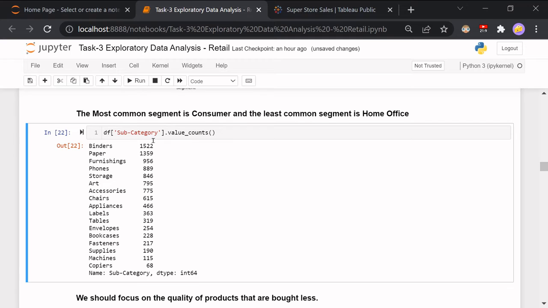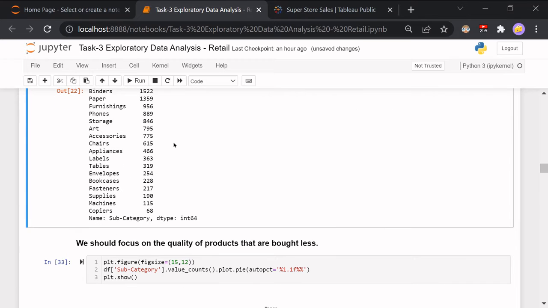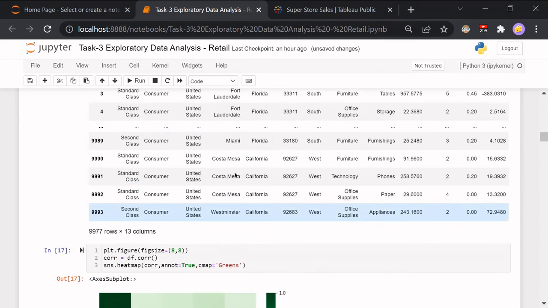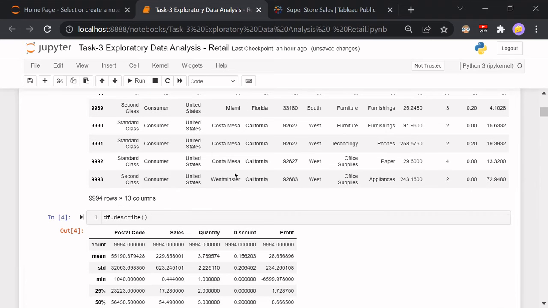So you can see the binders, papers, furnishings, phones. These are the things that are most commonly bought. We should focus on the quality of the products. Okay, what does that mean? You can see that the copiers are only bought 68 times. Here the copiers are giving nice profit.